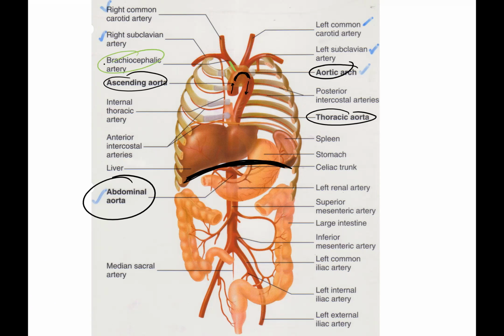Blood is traveling like this, so this will be in order. So the brachiocephalic is the first of the 3 branches off of the aortic arch. And then the left common carotid. And then the left subclavian.